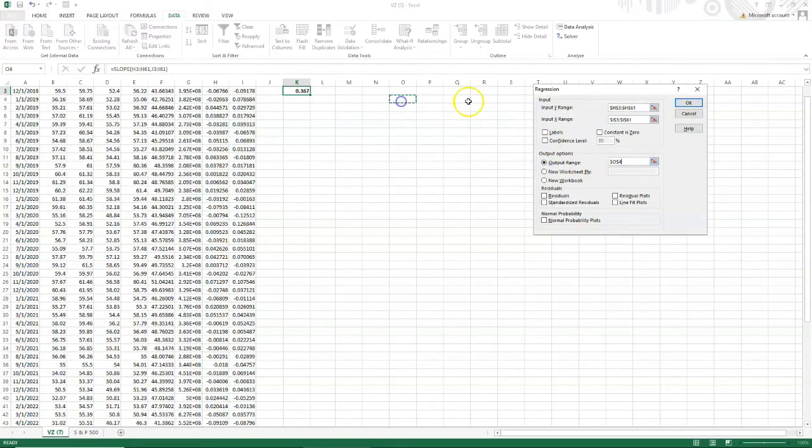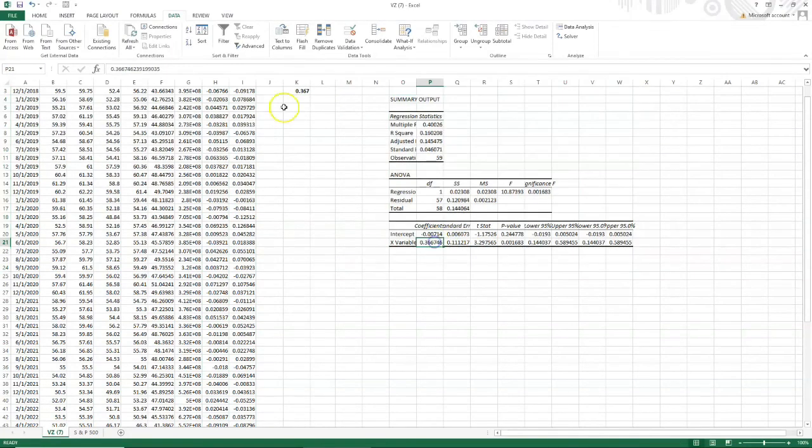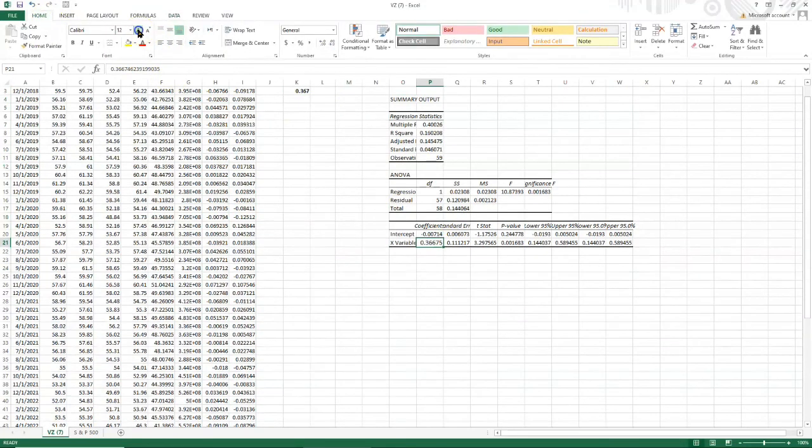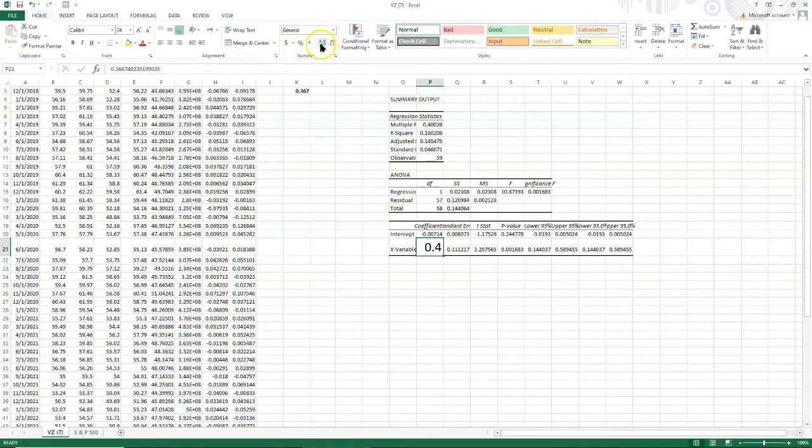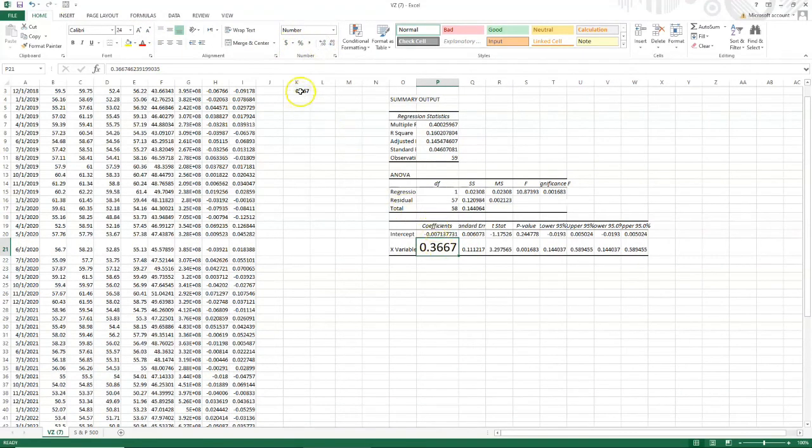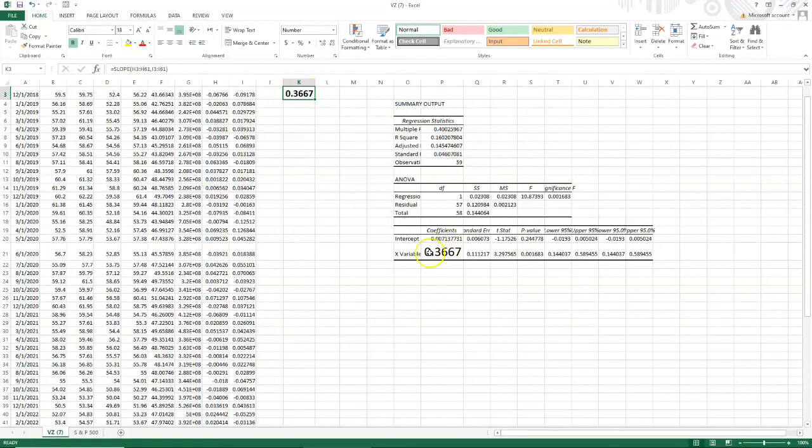Let us have the output here, and here you can see this is the value we just got. It is the same, 0.3667, 0.3667. So there are two ways of calculating beta. Either you use the slope formula, where this is y and this is x, or you could also use the regression model. Thank you.